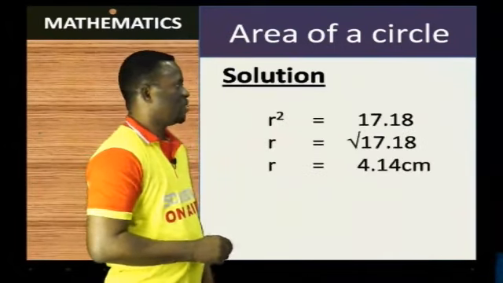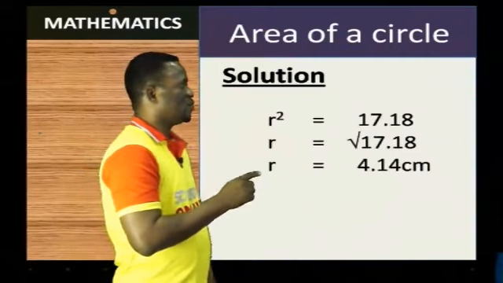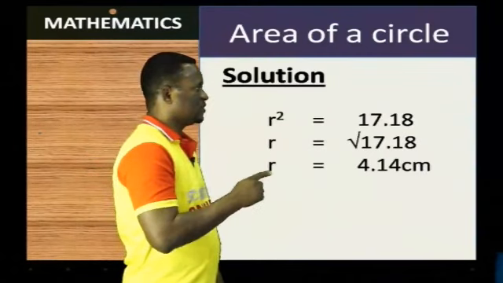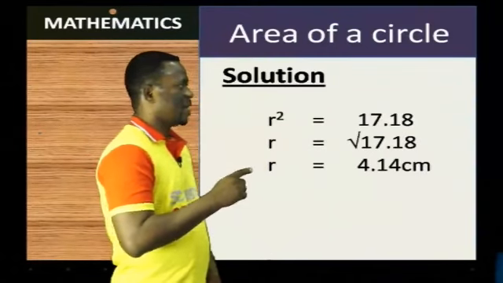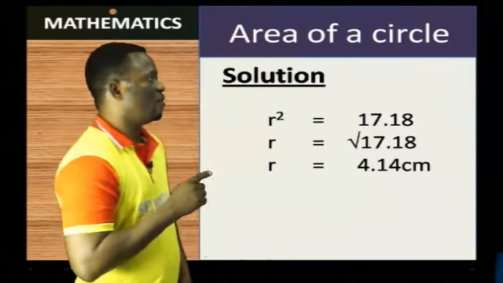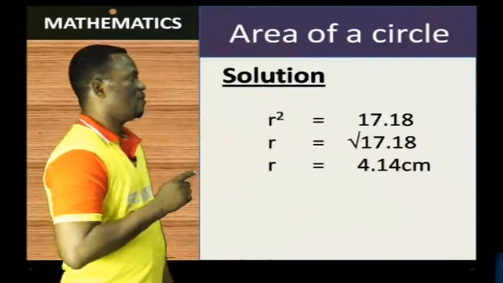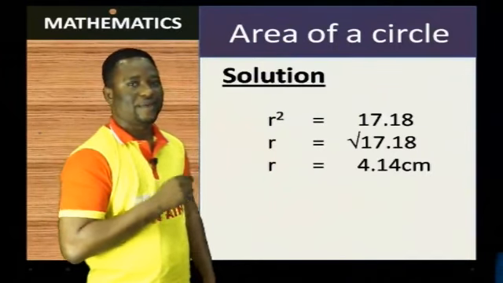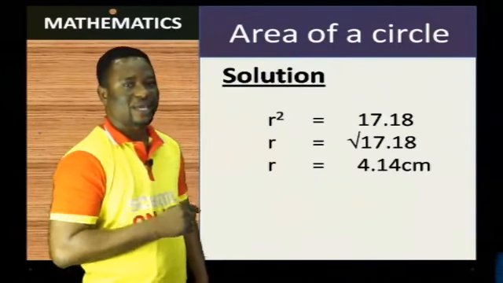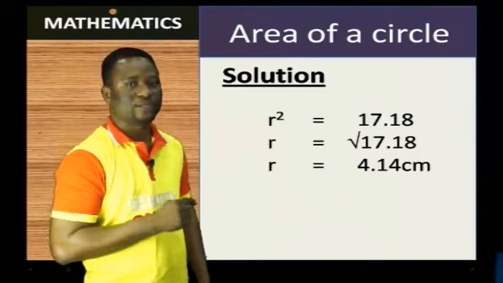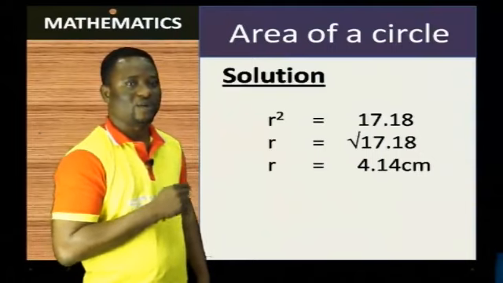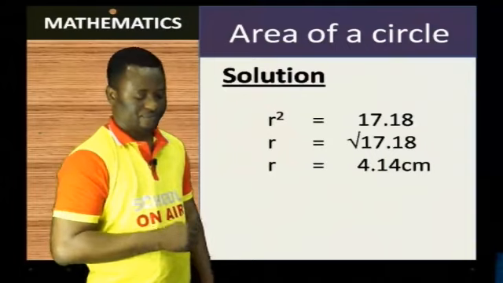So we have r squared is equal to 17.18, and our r will be the square root of 17.18. R is equal to 4.14 centimeter. Students should note here that the unit here is centimeter and not centimeter squared, because what we are calculating is length and not area.